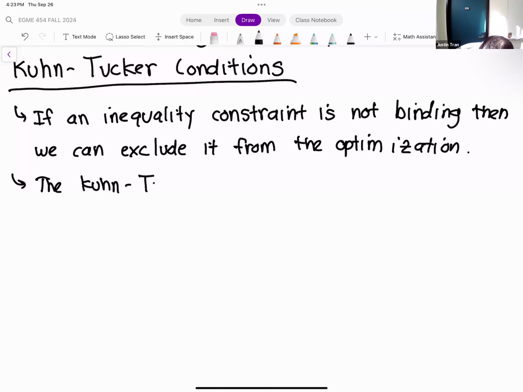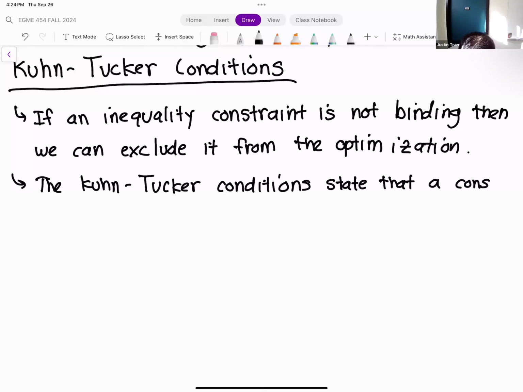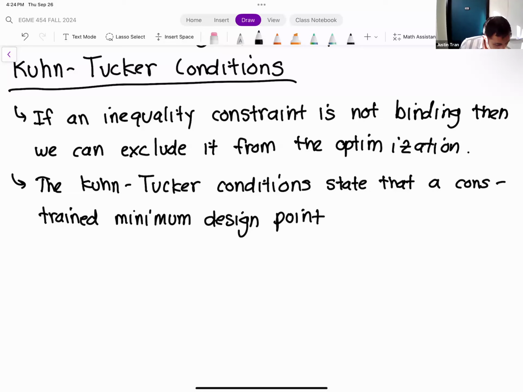So, the Kuhn-Tucker conditions. What they state is that a constrained minimum point must satisfy the following mathematical relationships.